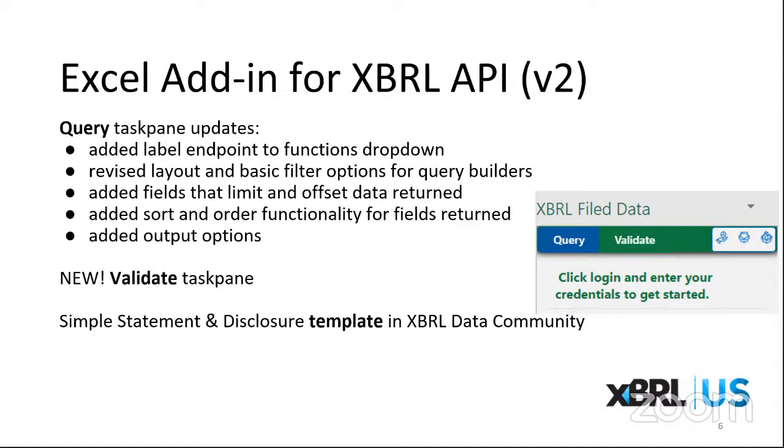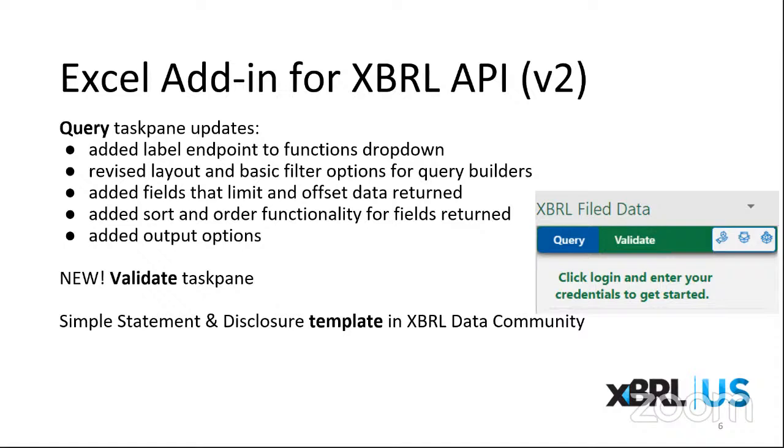We simplified some of the options for getting data and provided some basic fields as default return values, based on, again, feedback that we got, so that out of the box, you don't really need to make a lot of decisions in order to get data back. Having said that, working with XBRL data is like drinking from a fire hose.